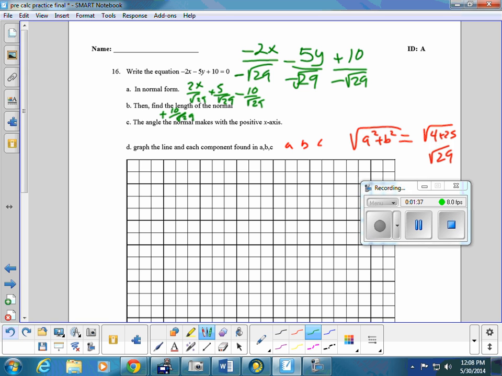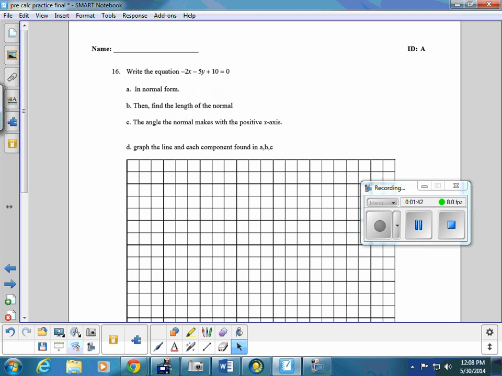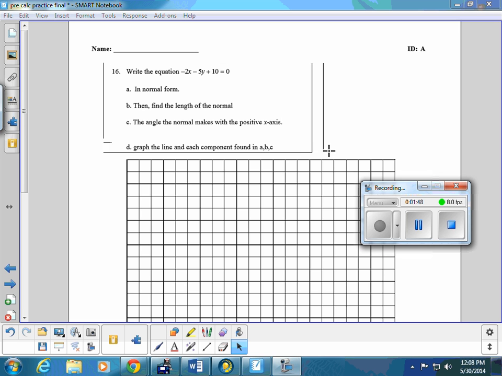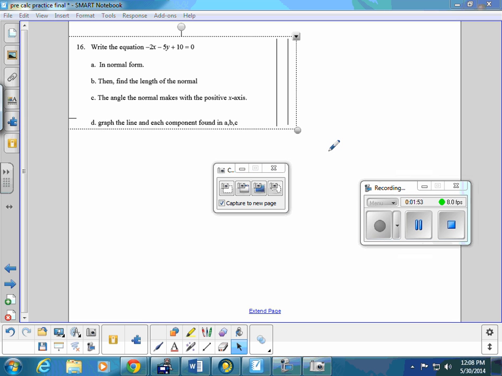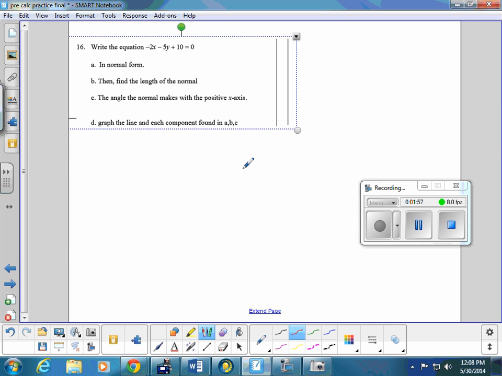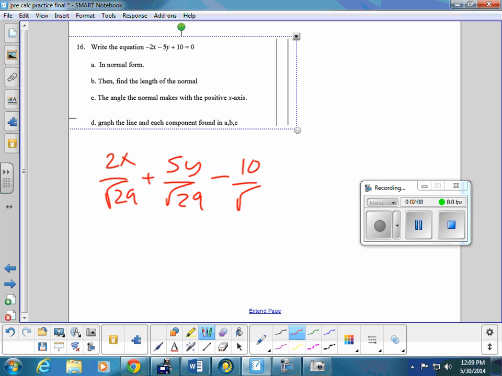The angle the normal makes with the positive x-axis, let me make a little bit of room on this paper. So I'm in normal form right now for letter B. I said 2x over radical 29 plus 5y over radical 29 minus 10 over radical 29.